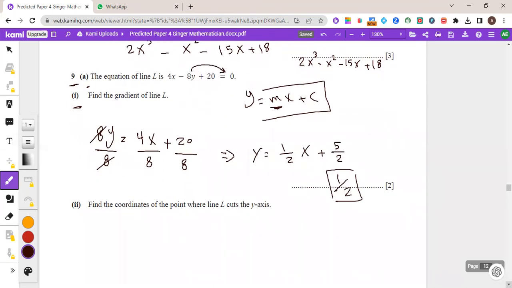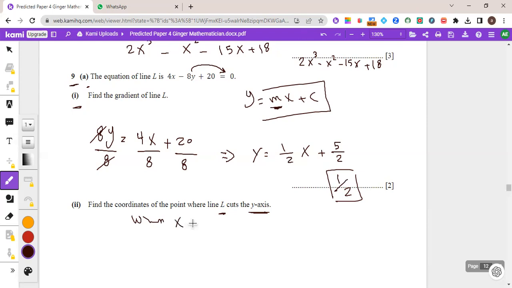Find the coordinates of the point where line L cuts the y-axis. To cut the y-axis, x equals 0.